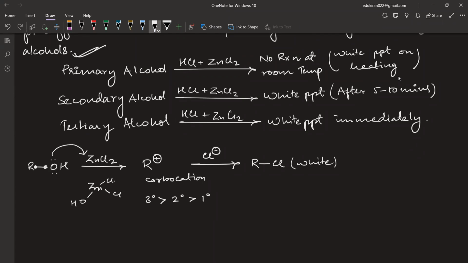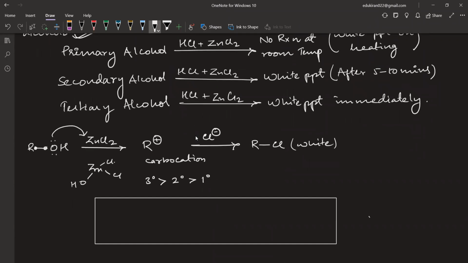See, one thing you have to always remember, this is a very important point. If the intermediates can be free radical, carbocation, or carbanion, and the intermediate is stable, the reaction will be faster.